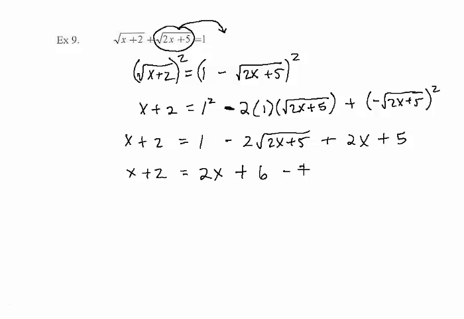Becomes a 6. Alright. So to get everything moved away from the radical, the first thing we should do is subtract the 2x from both sides. That takes care of the 2x. We move the 6 away from it. So we subtract 6 from both sides.